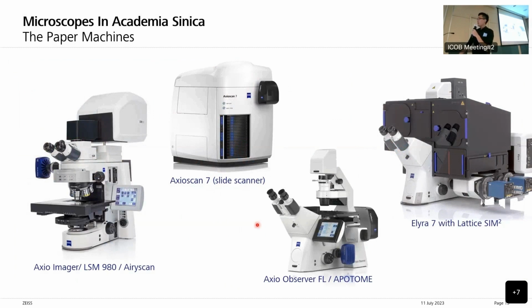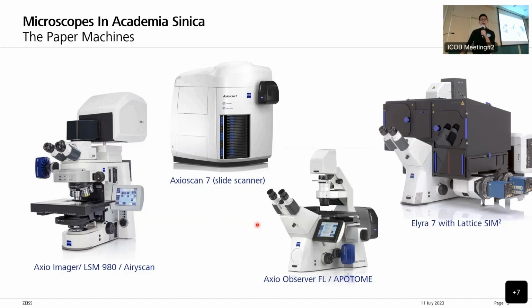Here are some typical products for light microscopes. From your right-hand side, maybe you already know the names: the most typical Axio Imager and the LSM 980. Maybe you already use this one in this institute, also with the Airyscan module.